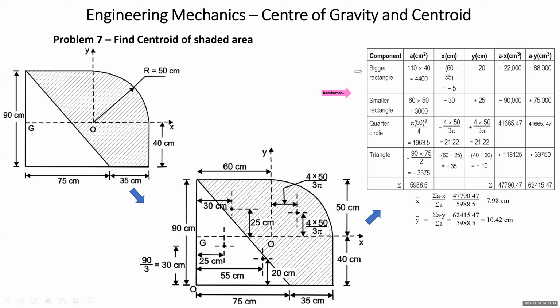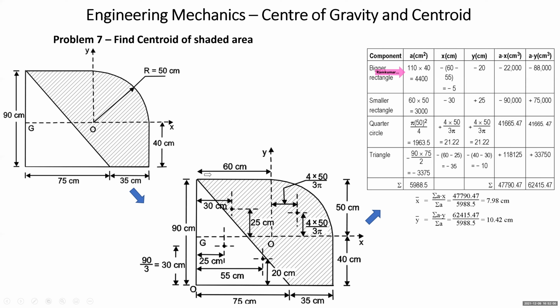Now, first we'll talk about bigger rectangle. Bigger rectangle is this part. What is area of that? 110 into 40 is its area. Now, this width is 110, so from left edge, 110 by 2 is 55 centimeter. The centroid is at 110 by 2, that is 55, from this edge. But student, I have to take it from y-axis. X coordinate is measured from y-axis.